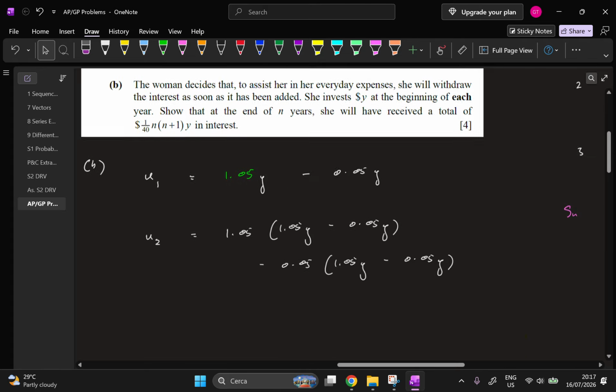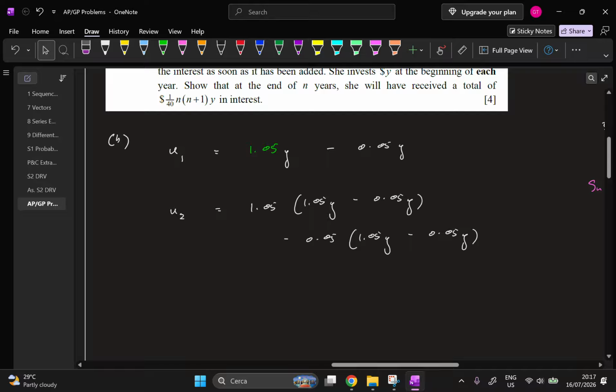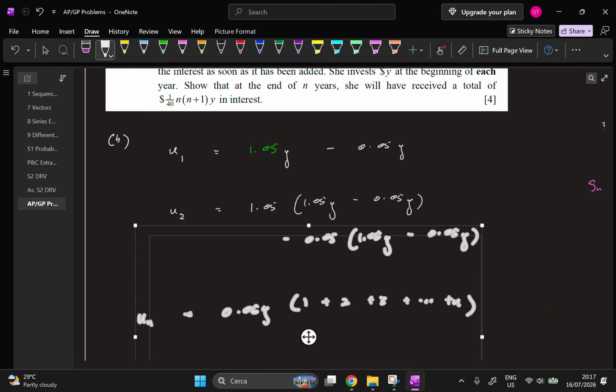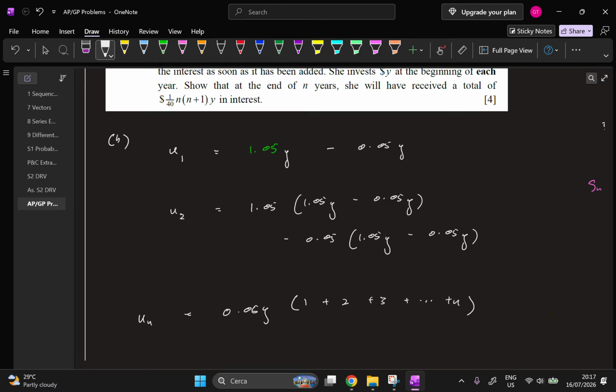So basically, show that at the end of n years. Oh, okay, so the total at the end of n years is going to be, I can factorize out 0.05y. This is going to be 1 year, plus 2 years, plus 3 years, plus all the way to the nth year. Okay.